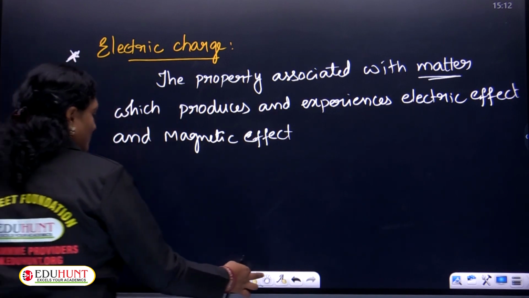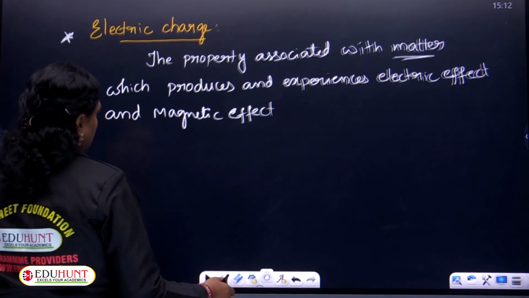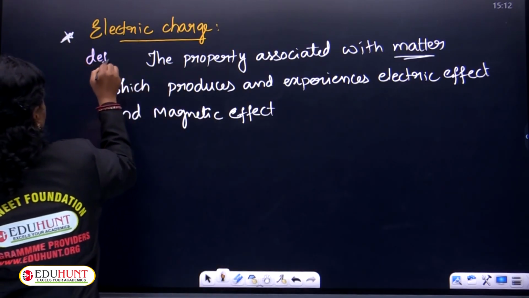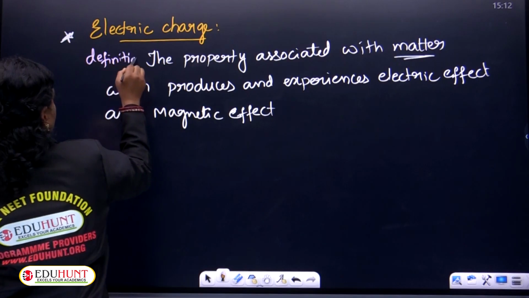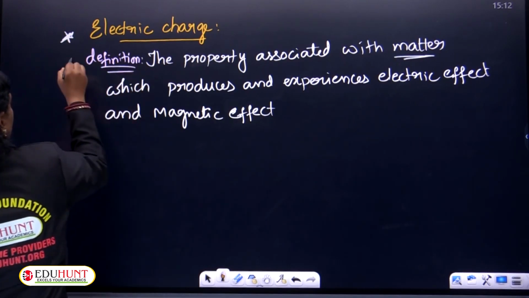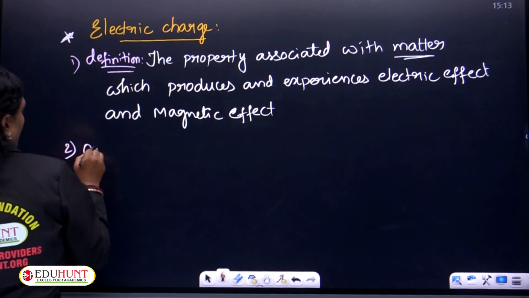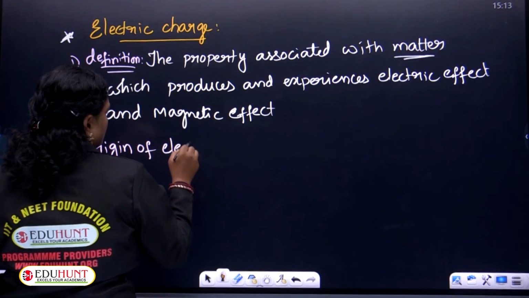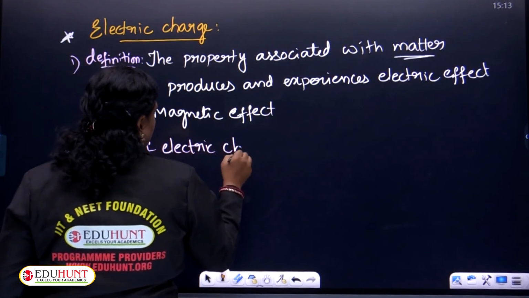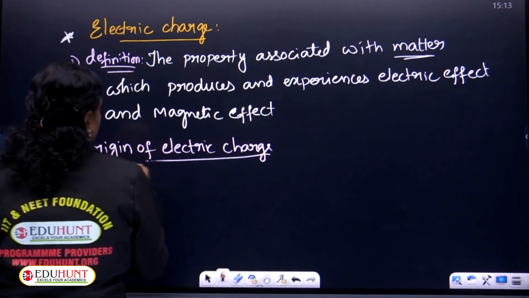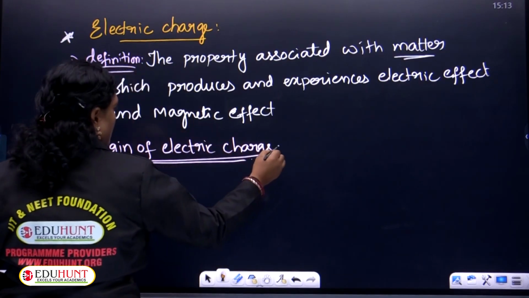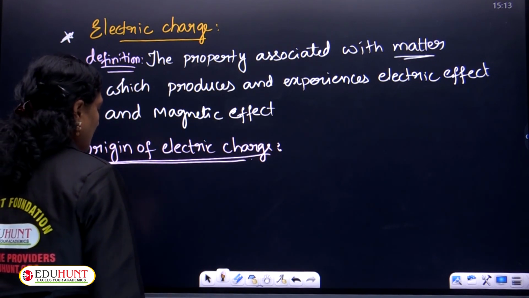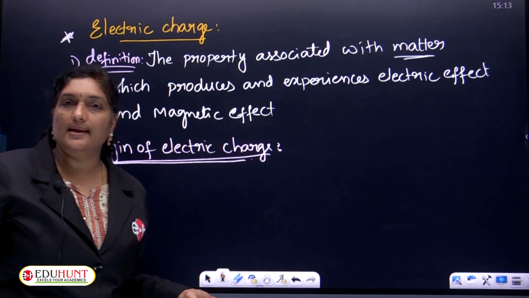The next is all related to the origin of electric charge. Well, so how is it being generated? We know that every atom is electrically neutral.